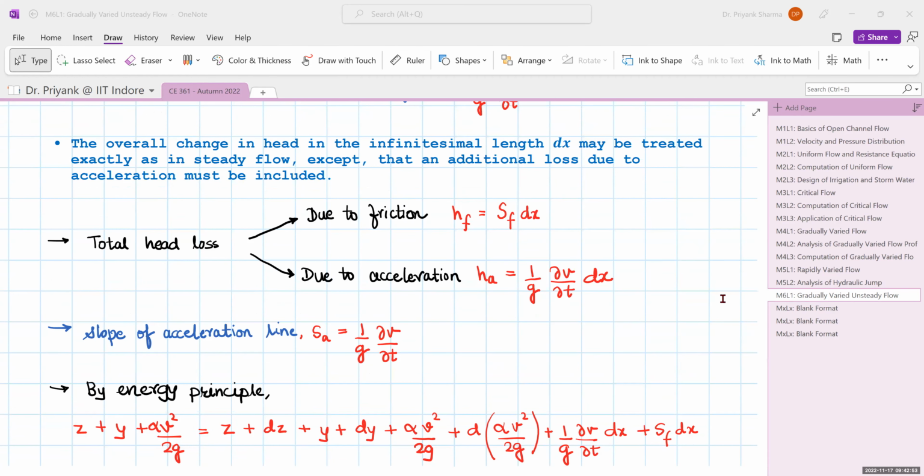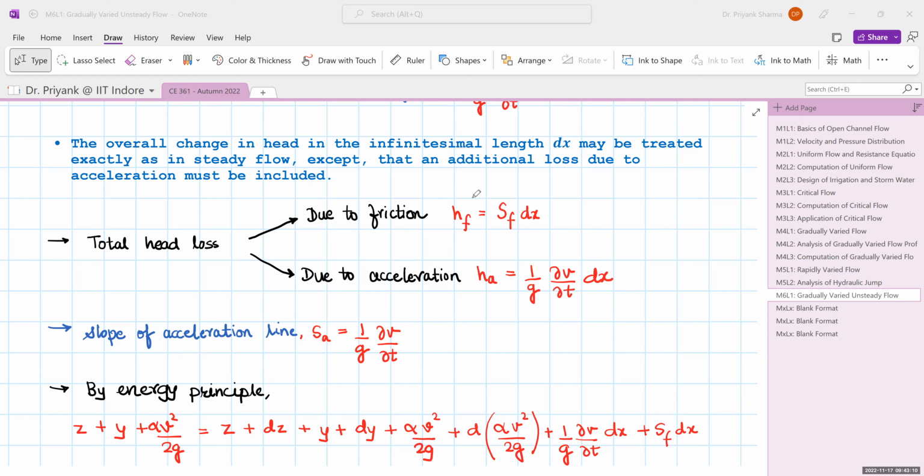So total head is a component of total head loss due to friction and due to acceleration. So friction is Sf into dx, and acceleration you already derived earlier. So your slope of acceleration line will be given as 1 by g into del v by del t.